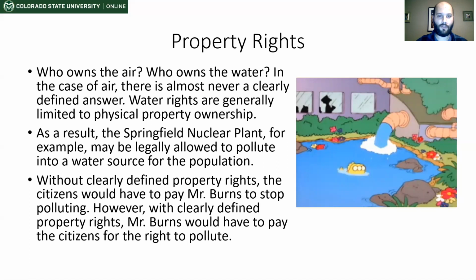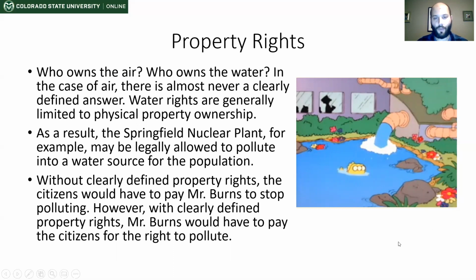In the absence of clearly defined property rights, especially related to air and water pollution, the Springfield nuclear plant can just pollute as much as they want into what might be a water source for the population and not necessarily have to face any consequences or cleanup. The public or the government is left with the cleanup costs of this pollution. And so without any clearly defined property rights, the citizens would have to pay Mr. Burns here at the nuclear plant to stop polluting.